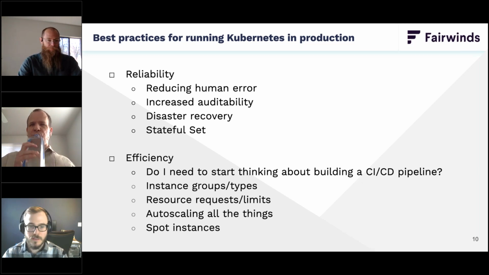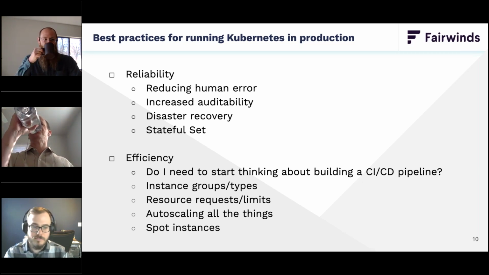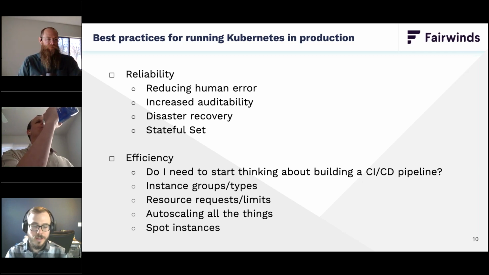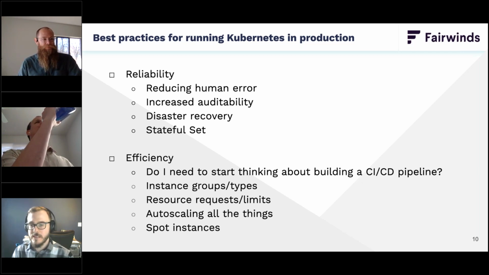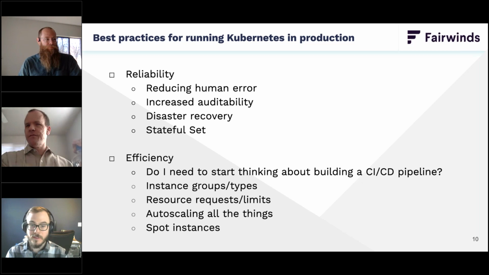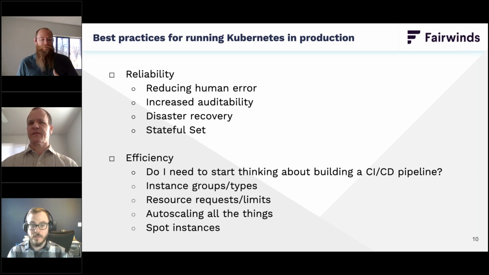Cool. If there's nothing else there, I'll go ahead and jump into the efficiency here and how Kubernetes can help make your org a little bit more efficient. So CI/CD is probably something that you've at least thought about before now. And with Kubernetes, it becomes a little bit more valuable because, like Kendall was mentioning, Kubernetes is an API that empowers developers to interact with it, given the proper permissions in a dev environment, staging environment.